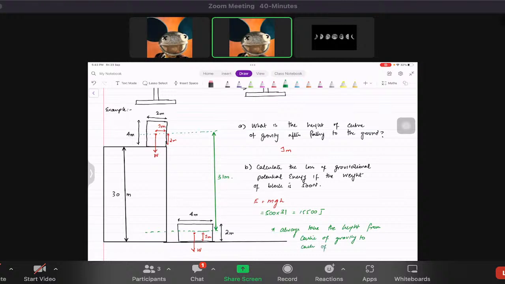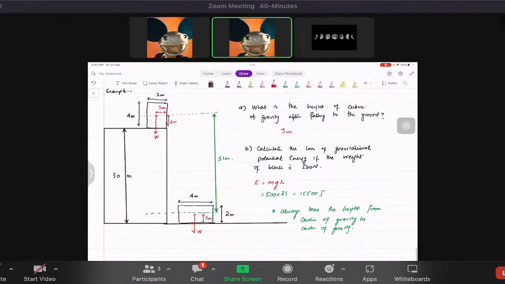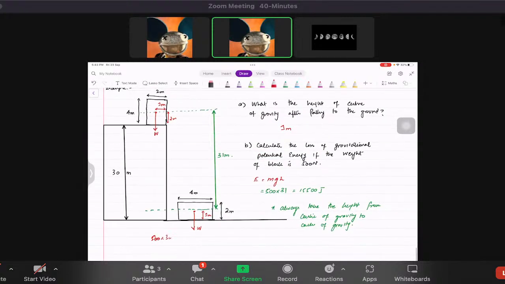Is it clear? You're not supposed to take it from any other point, and that would basically be wrong. Most people are like, okay, it has fallen 30 meters, so let's take 500 times 30 because that's the change. So they end up with a pretty different answer. Do you understand? So that is wrong then. Any questions now?